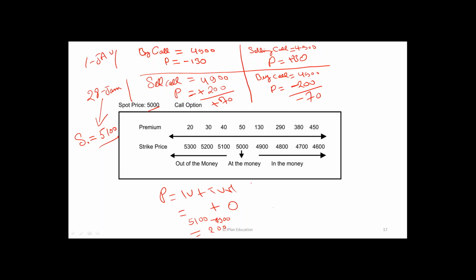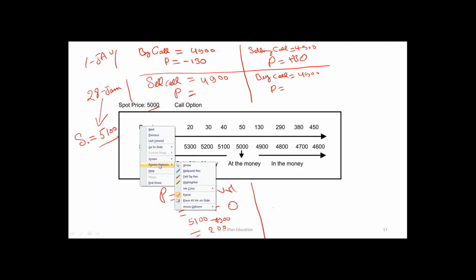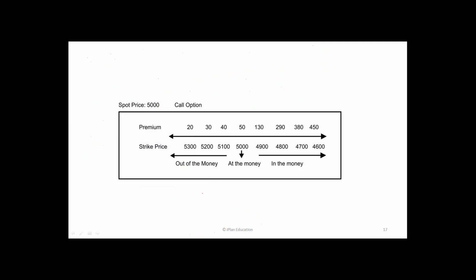Now let's take one more example. Suppose, I'll erase a little bit of ink here. You got it? What happens if the price, instead of increasing, goes down?